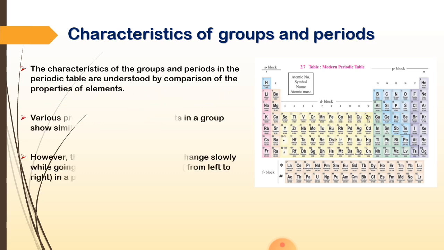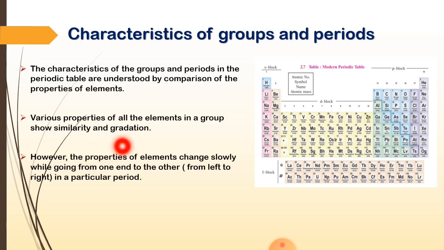The various properties of all the elements in a group show similarity and gradation, as I have said earlier. However, the properties of elements change slowly while going from one end to the other, that is from the left side to the other side, in a particular period.